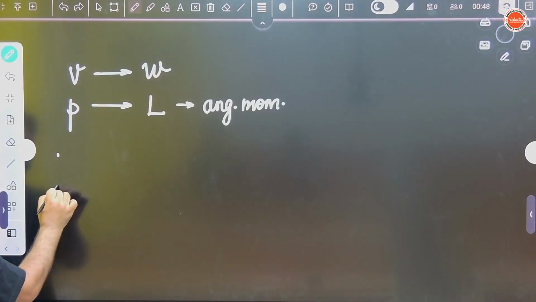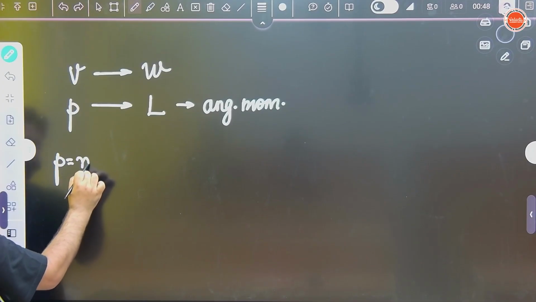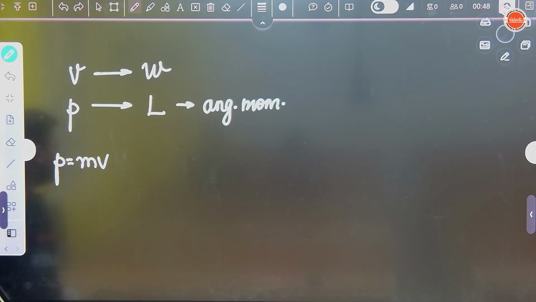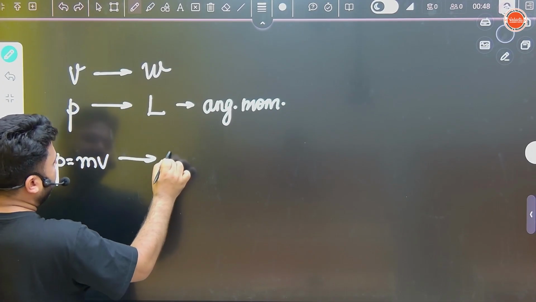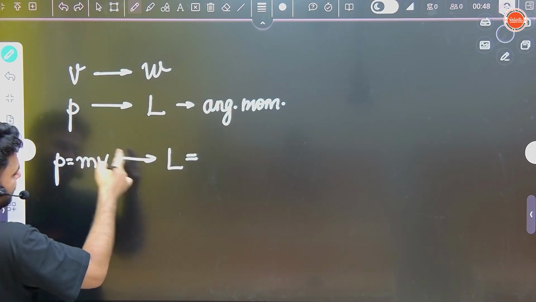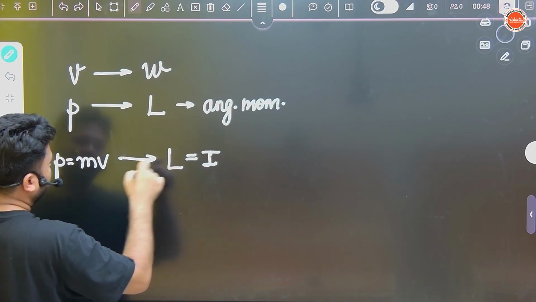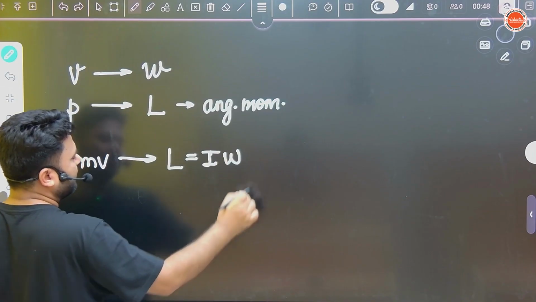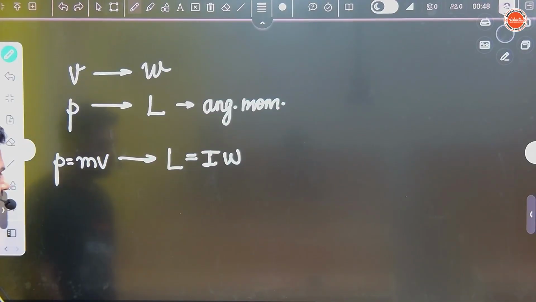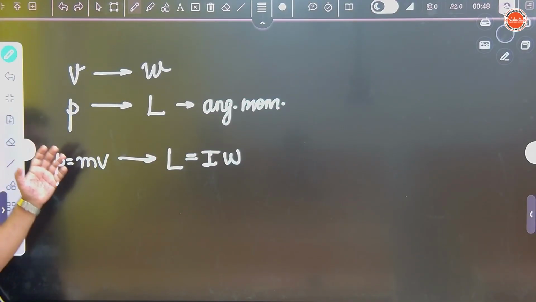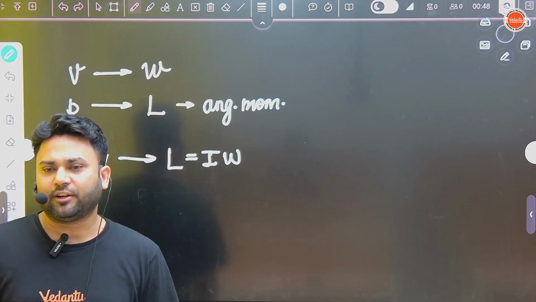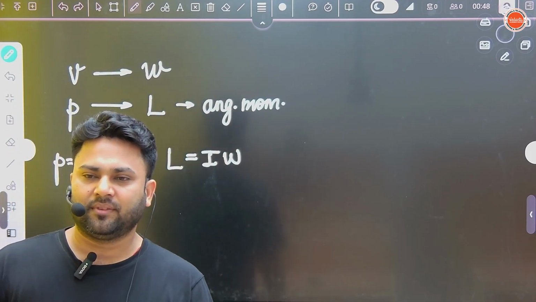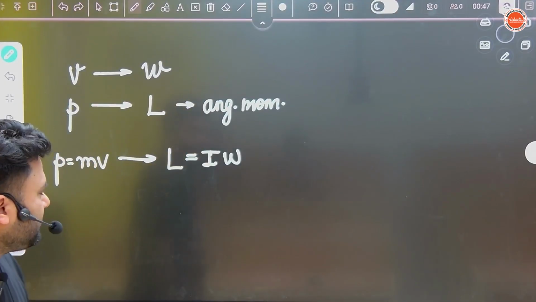Achha, what was the formula for momentum? Mass into velocity. So what is the formula for angular momentum? See, mass is replaced by moment of inertia, I told, and velocity is replaced by angular velocity. So these things you should be able to learn, that how we replaced in rotation. Okay.